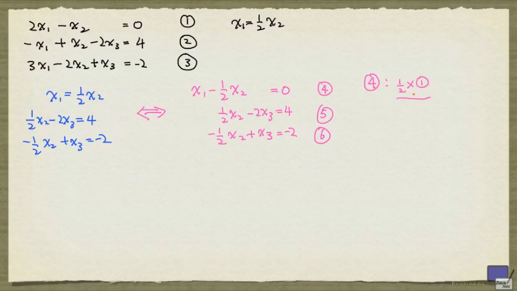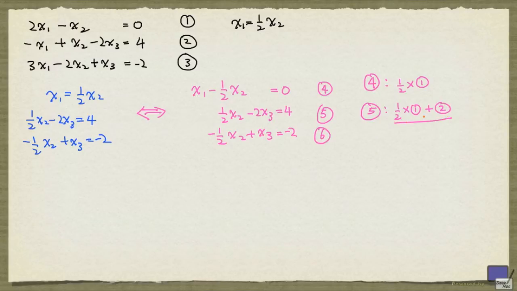So this notation here means we are multiplying both sides of the equation by 1/2. Now to obtain 5, I can take 1/2 times equation 1 added to equation 2. And the way we write this is as follows. 5 is given by 1/2 times 1 plus 2.